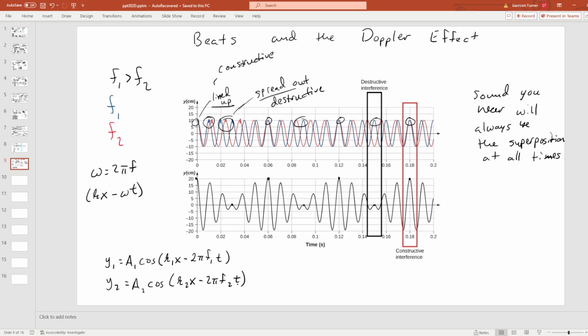When we add these together, when you add two cosine signals together, the result, cosine u plus cosine v, is equal to 2 times cosine of u plus v over 2 times cosine of u minus v over 2.